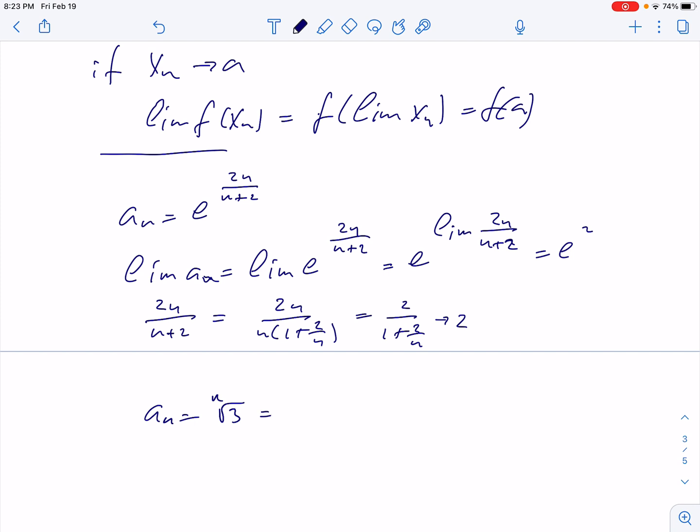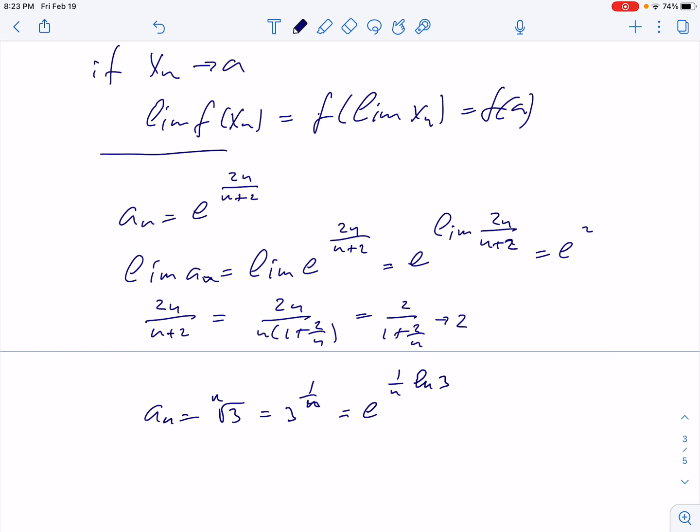I can write this like 3 to the power 1/n. What will be the limit? To understand the limit, it's good to use the exponential function again. And I can either stay with this base, or I can just write exponential 1/n natural log 3.